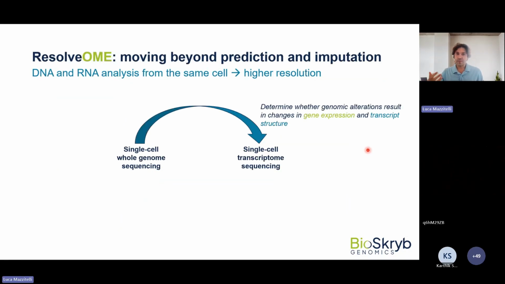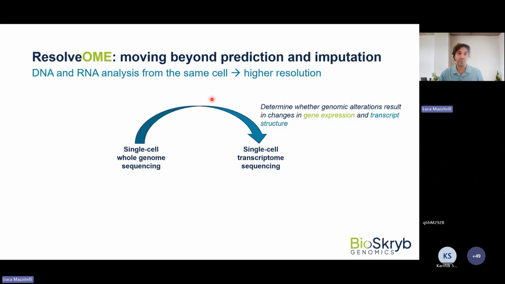Moving on to the second part of the presentation, I'd like to introduce you to the other solution, which is called ResolveOme, which is our multiomic solution that allows you to perform analysis on DNA and RNA from the exact same single cell.